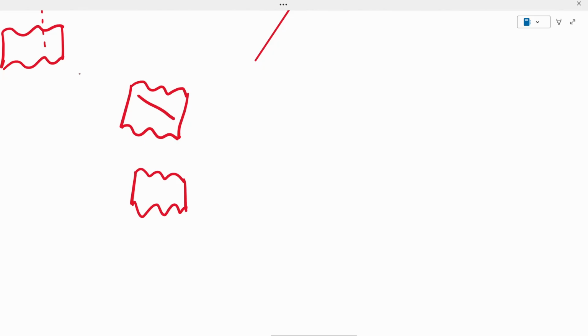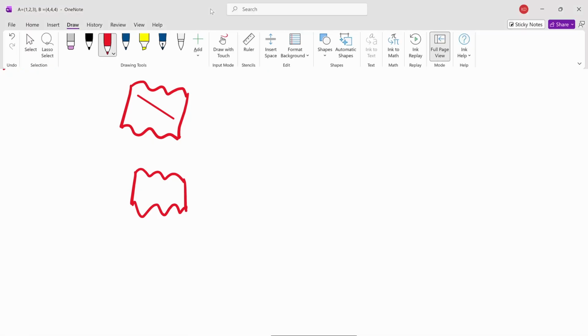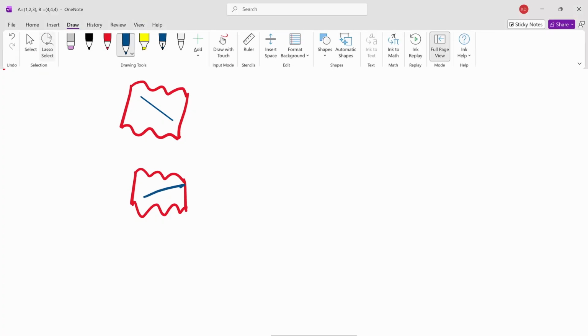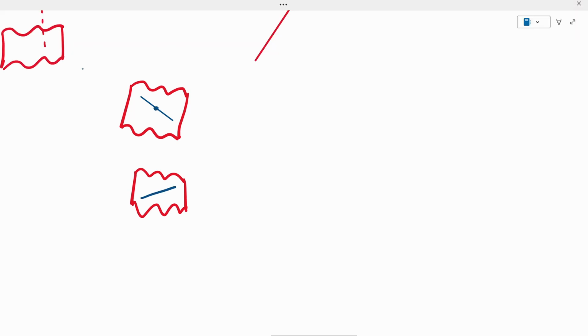We have a line here, which is skewed to this line here. So what we need to do is find the distance between this point on this line, on that plane, and the line on this plane.